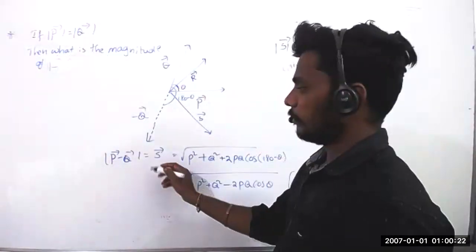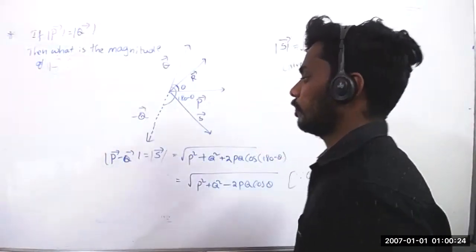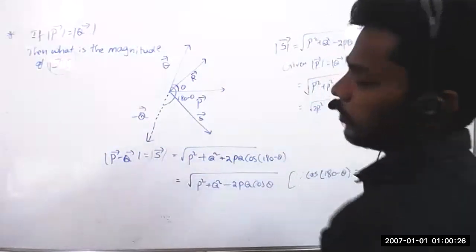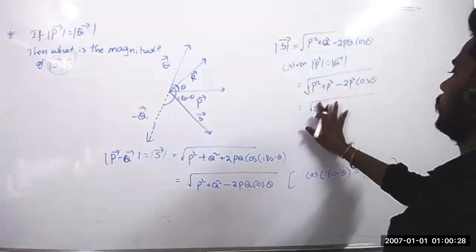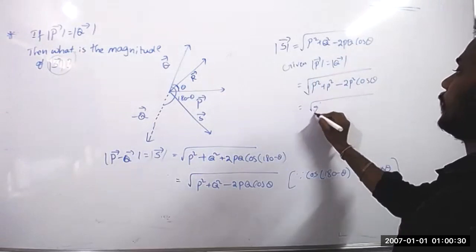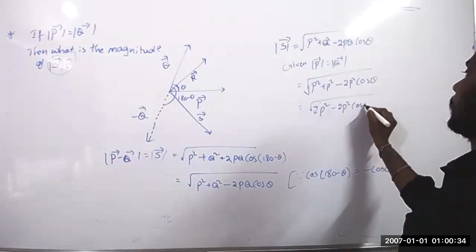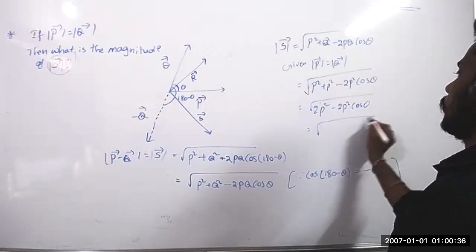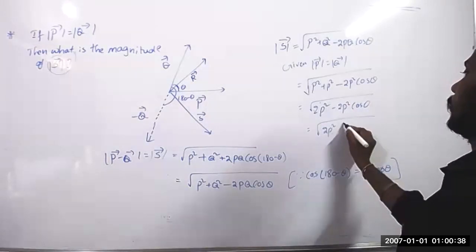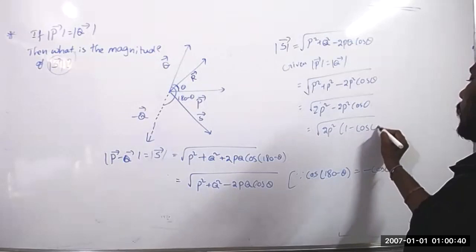Now it is 2P square minus 2P square cos theta. Taking 2P square common, it is 1 minus cos theta. Am I correct?